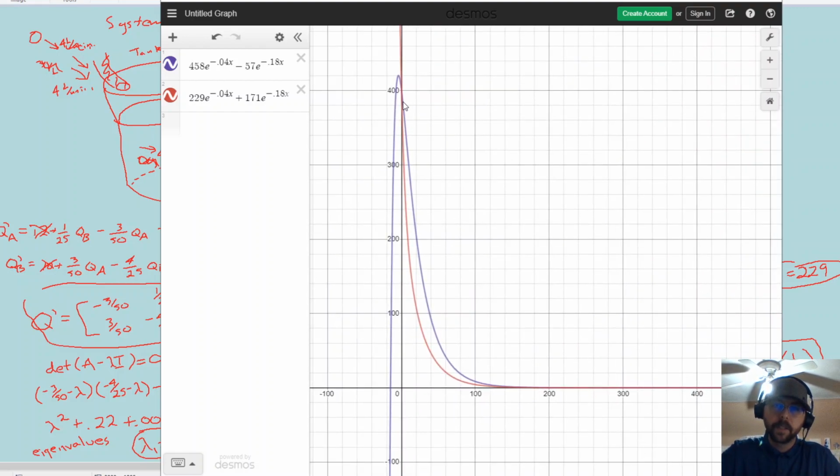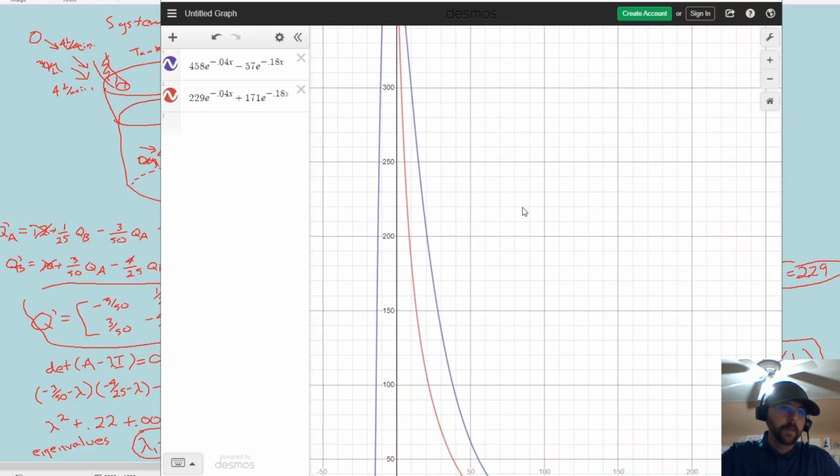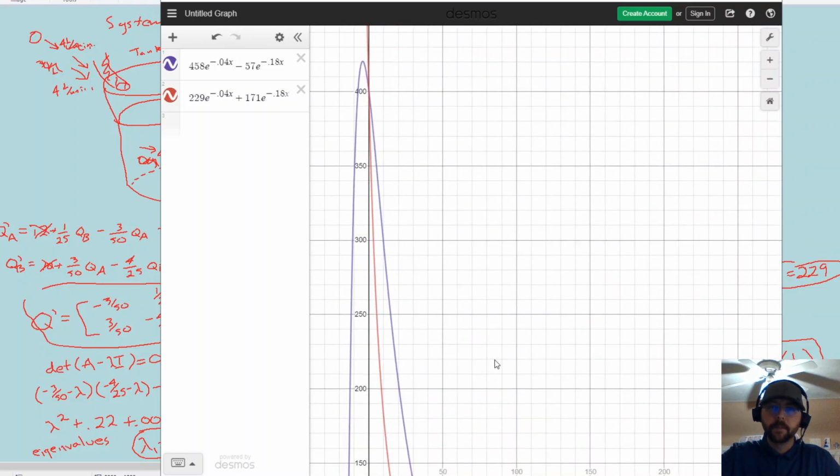Anything to the left of 0 doesn't mean anything. I think I called them minutes. The time represents minutes, so the x-axis represents minutes. It looks like this is where they have the same quantity of salt, I believe, or it's really close.